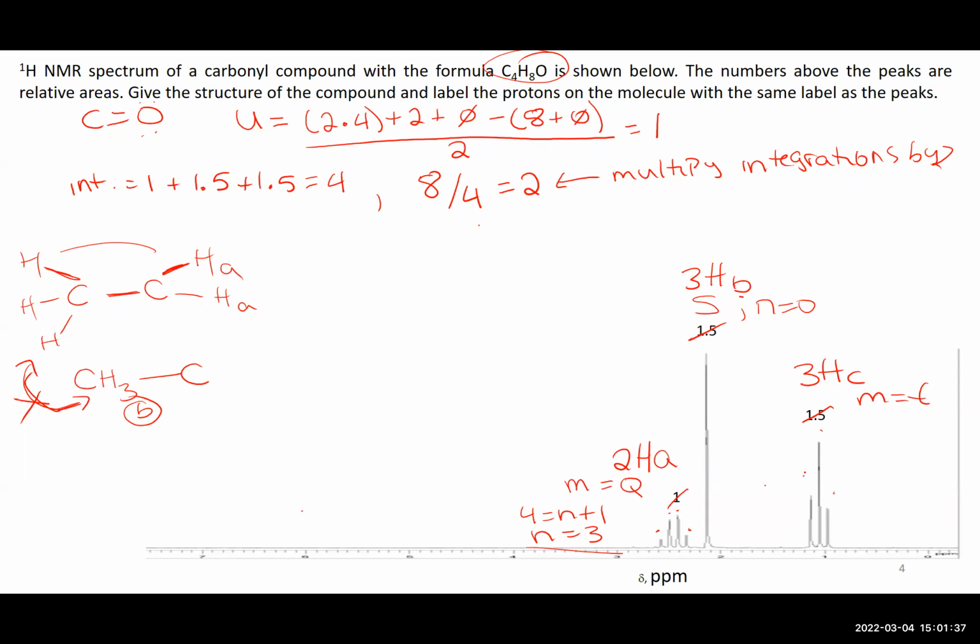You have those relative intensities 1 to 2 to 1, and by that I mean the intensities of each line in the multiplet. So the number of neighbors is 2. That's consistent with what I have here, a CH3 labeled C there being split into a multiplet by a CH2.